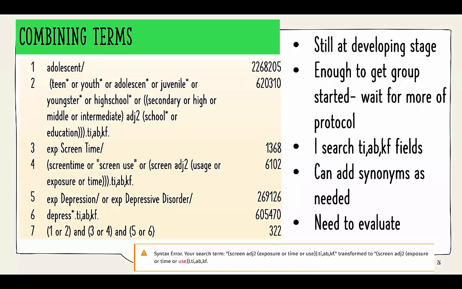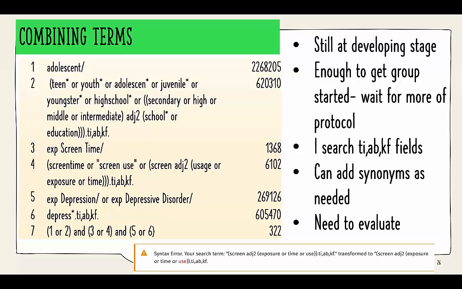Of course, there's still a lot of synonyms I need to put in here. There's nothing about digital. There's nothing about video games. So still need to do some more work in here. I did put down here at the bottom, it's probably a little too small for you to see, but while developing this search, one issue that might come up for you is if you do the search for screen use.